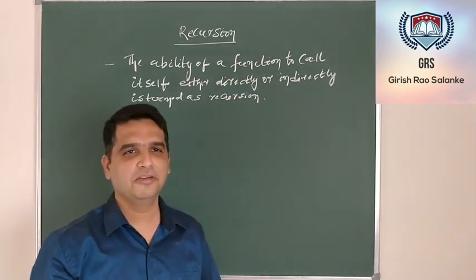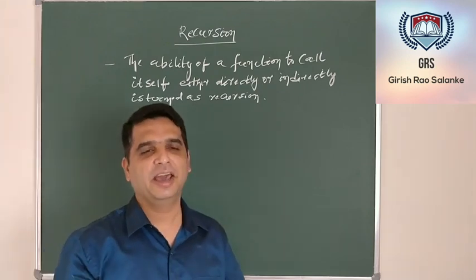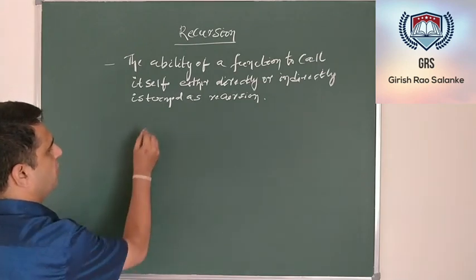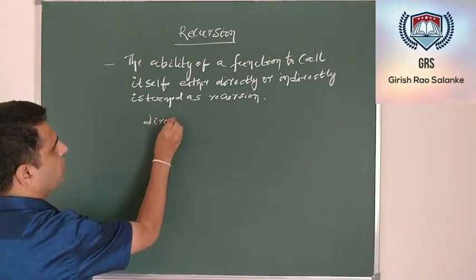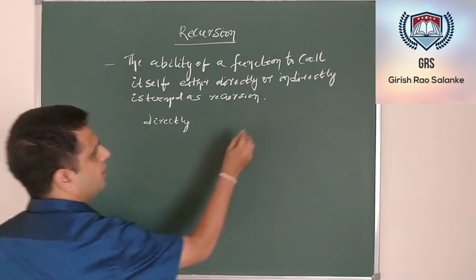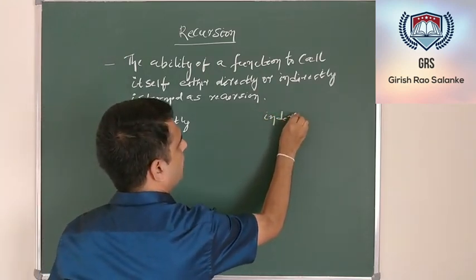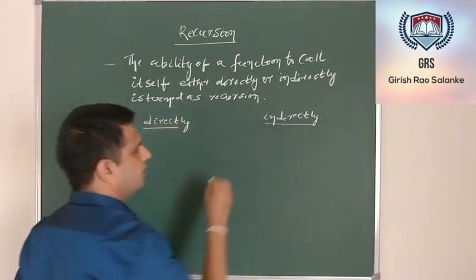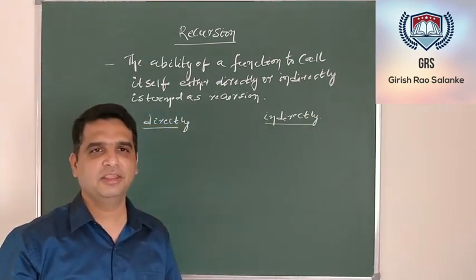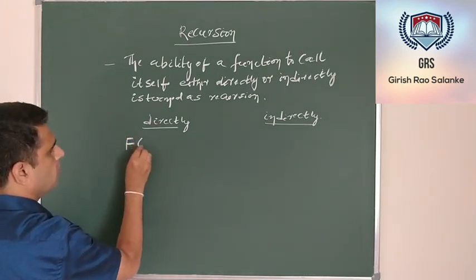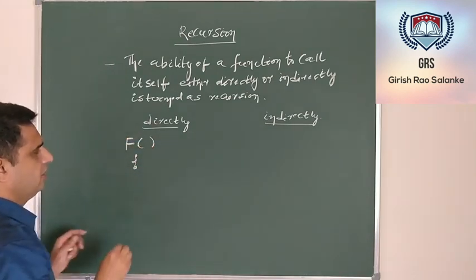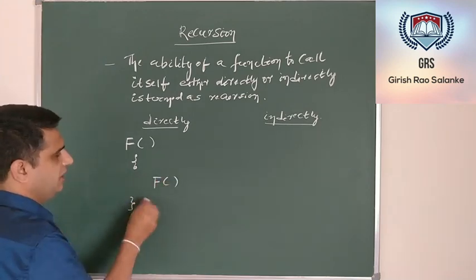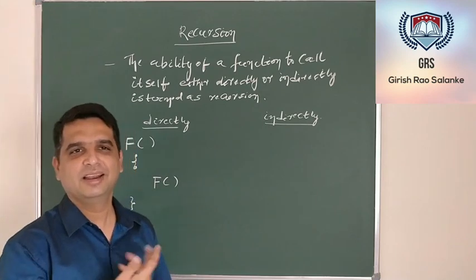Now, what is the meaning of calling itself directly or indirectly? Assume that there is a function by name f, and if this function f calls itself, then it is direct.